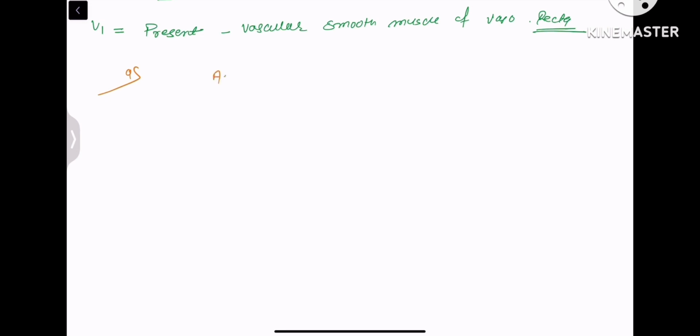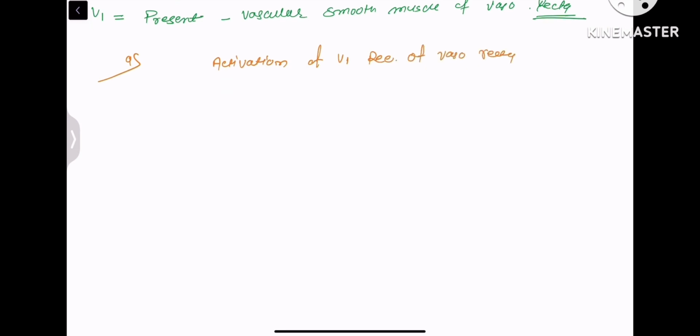So we will write: activation of the V1 receptor of the vasa recta causes vasoconstriction.